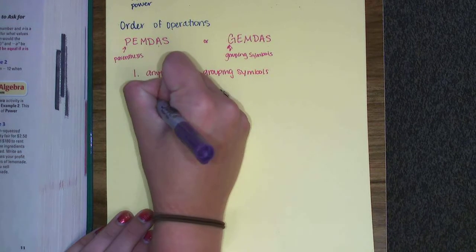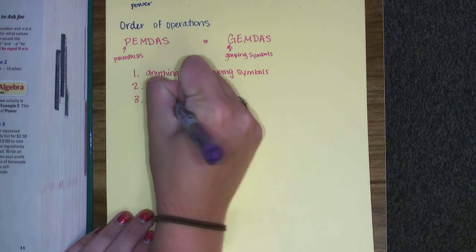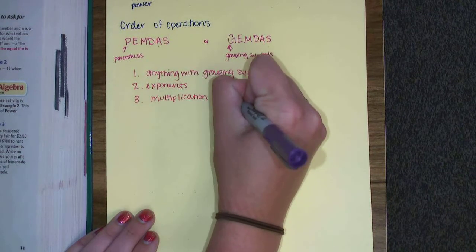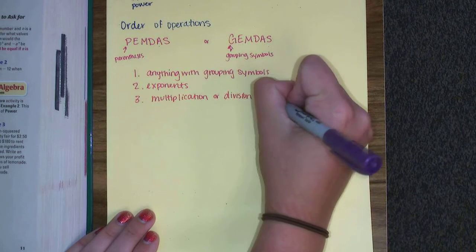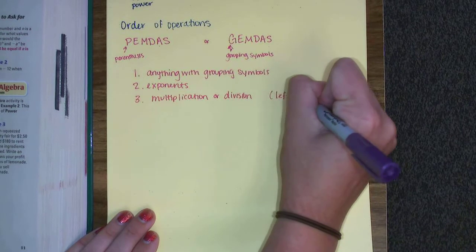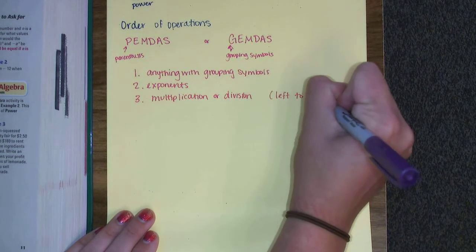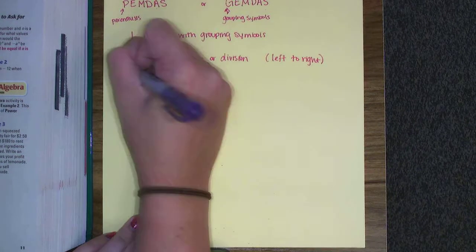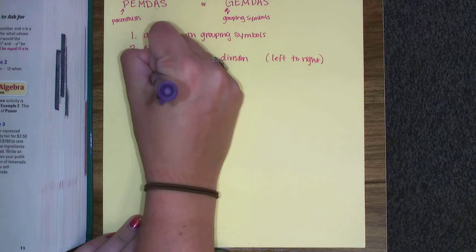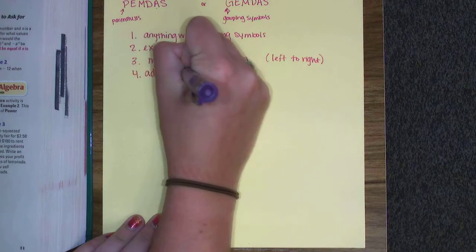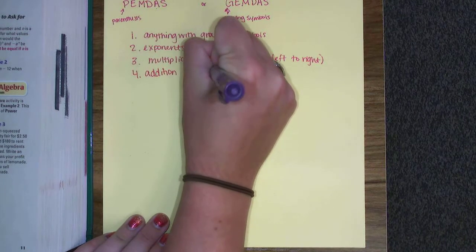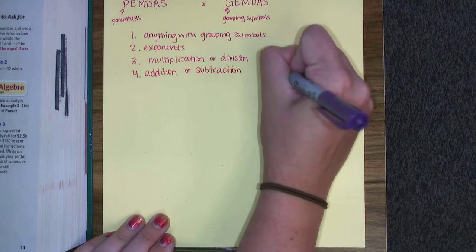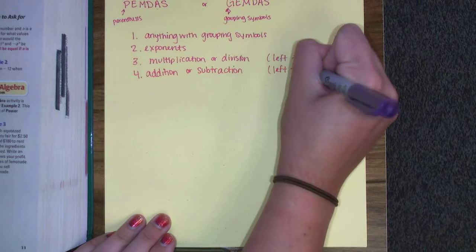Then next you have multiplication or division, and you do this left to right. And then lastly you have addition or subtraction, which is also done left to right.